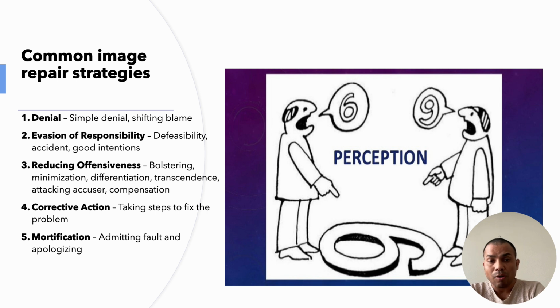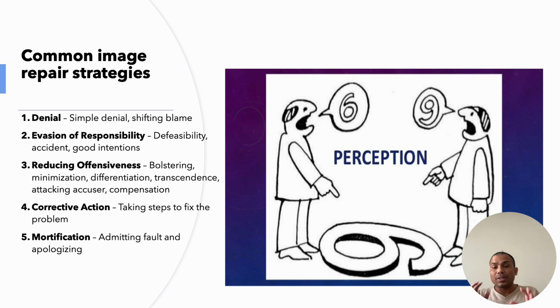Another one is evasion of responsibility, right? They avoid the responsibility. They will try to say that their intention was good, but it happened, so there was no intention to do something wrong or bad, right? This is another strategy organizations or public figures use to repair or manage their reputation.